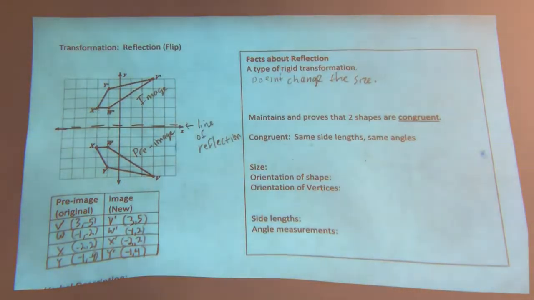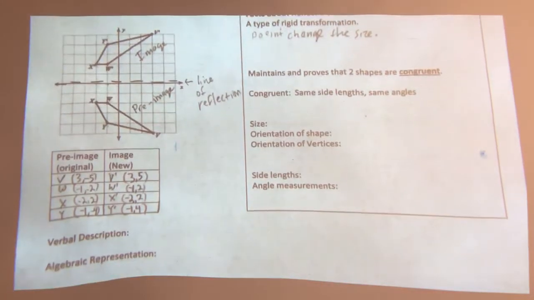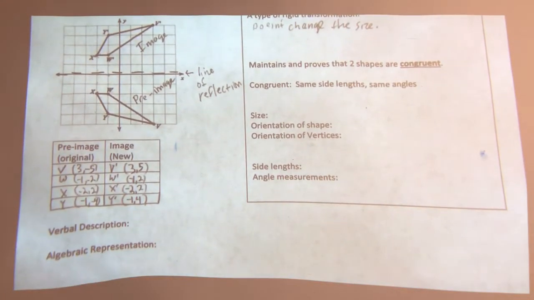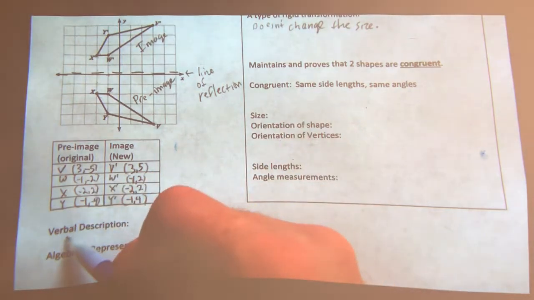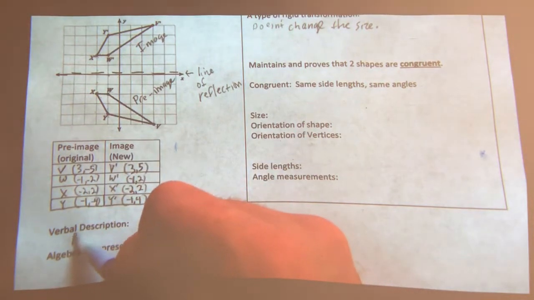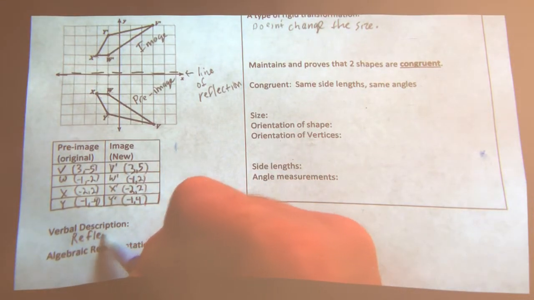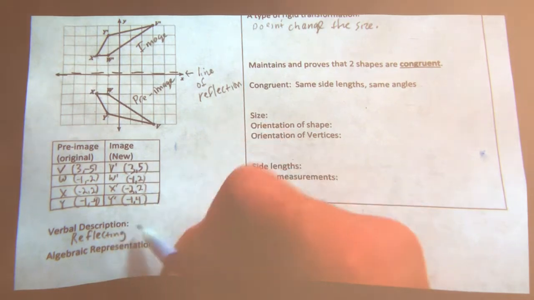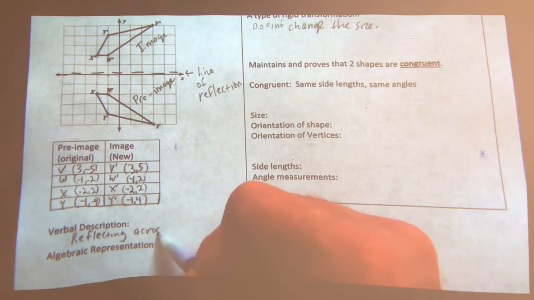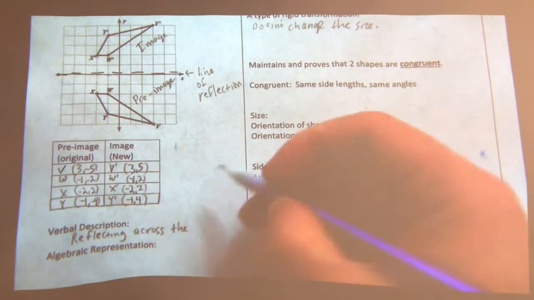So if we were going to write a description, verbal but also written, it would be that we are reflecting across, and then you name that line of reflection.